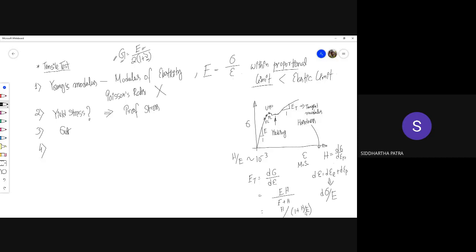So the point is this ratio is much smaller compared to 1, which basically means that the tangent modulus is nearly the same magnitude as the hardness itself.